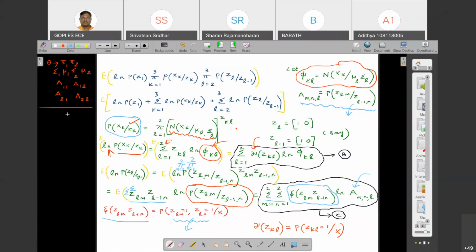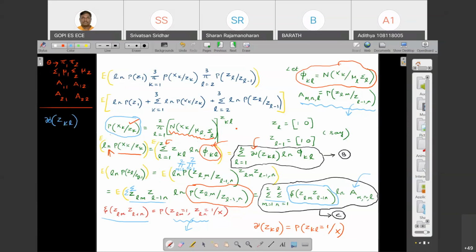And all of which we are interested in, right? Now what happened was, by doing this problem, for simplifying this objective function, we end up with another two parameters which we call gamma. One is gamma of Z_KL.